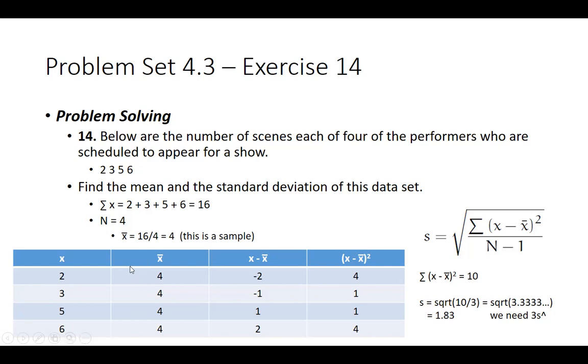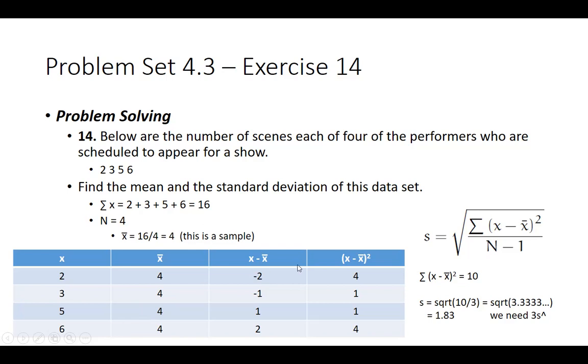Then we need a row for the mean, but we have to find the mean first. So add up our x's, 2 plus 3 plus 5 plus 6 is 16. Divided by n, so divided by 4, we get 4. And we use Xbar because it is a sample. So Xbar is 4. We can fill that in the Xbar column. 4, 4, 4, 4.